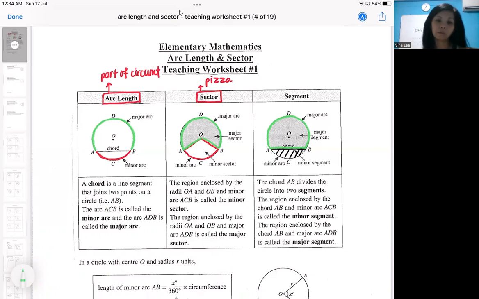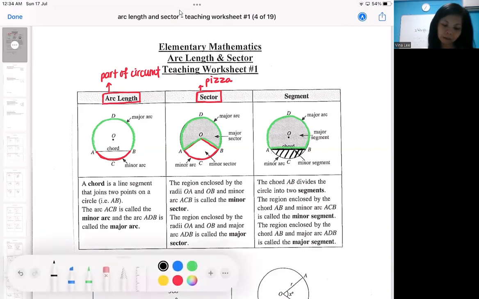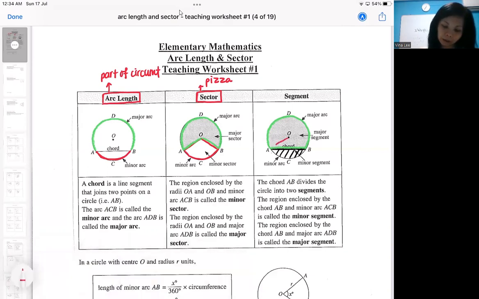So your job is to visualize it from a pizza. This is a slice of pizza. You should associate a segment with a pizza, but you are subtracting away the triangle. That is for the minor segment.